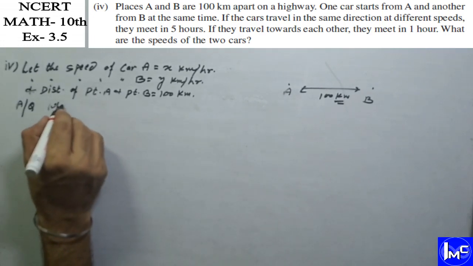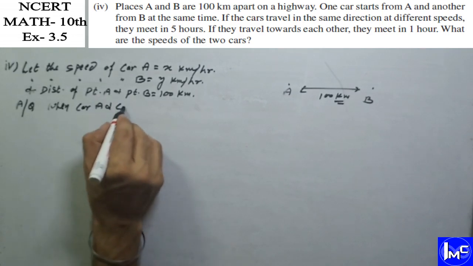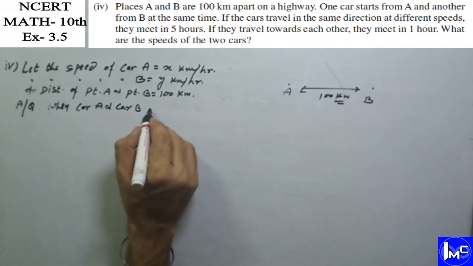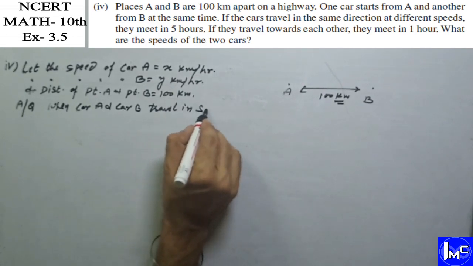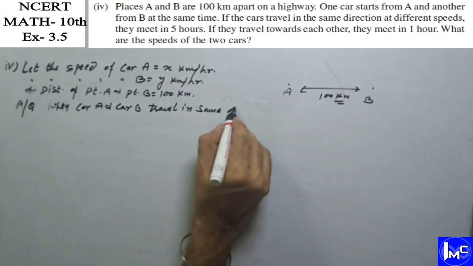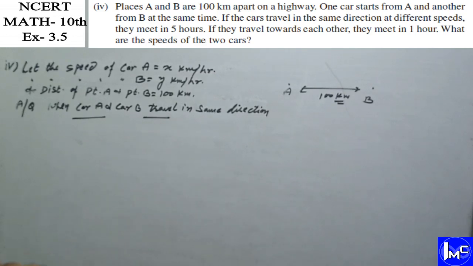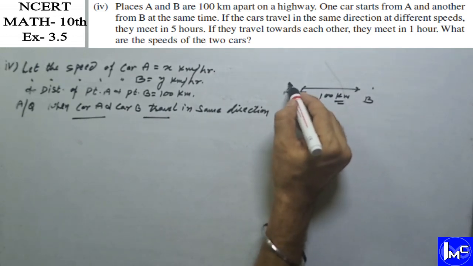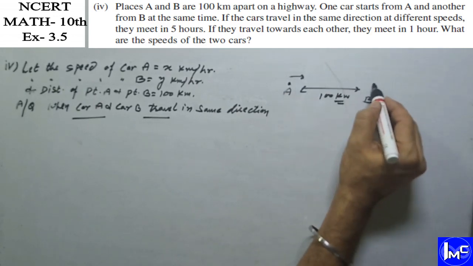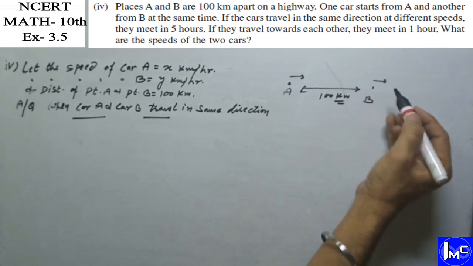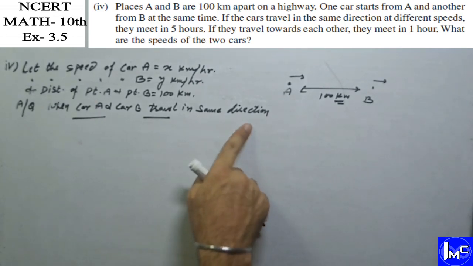What does it mean? Let the car at A travel in the right direction and the car at B travel in the right direction too, because the direction is the same in the first condition.